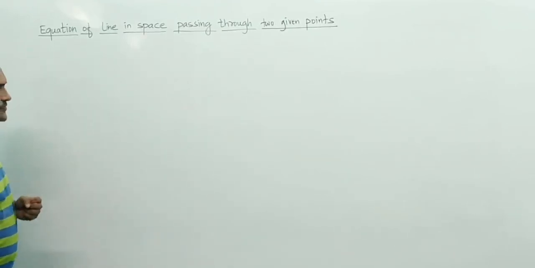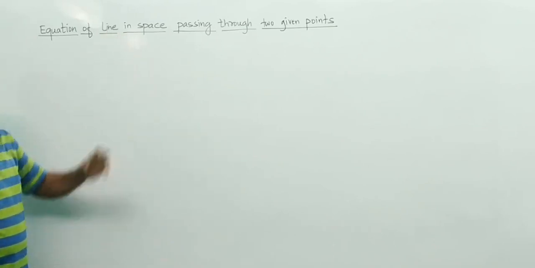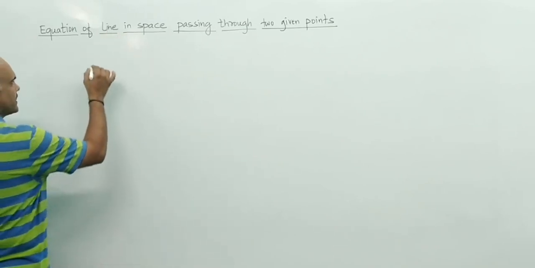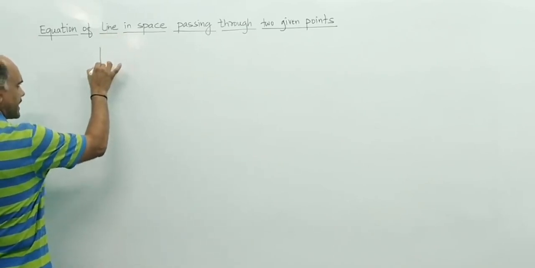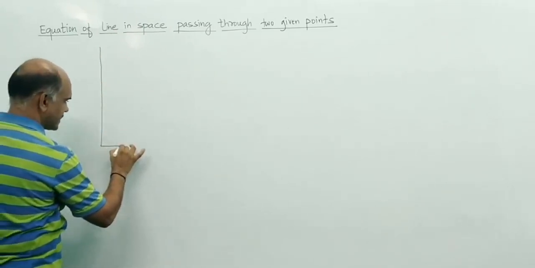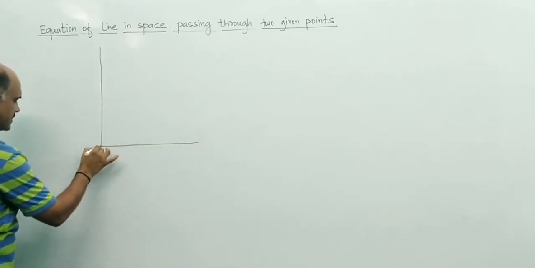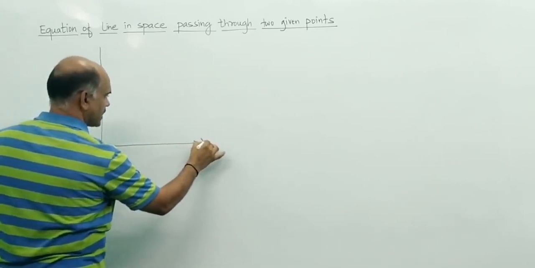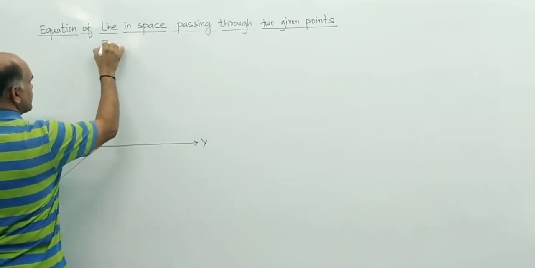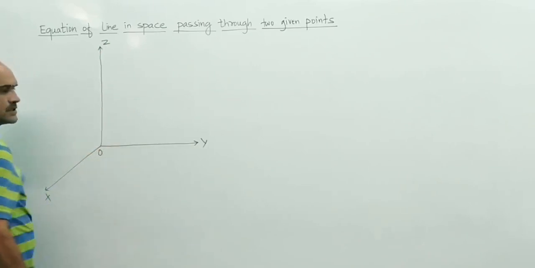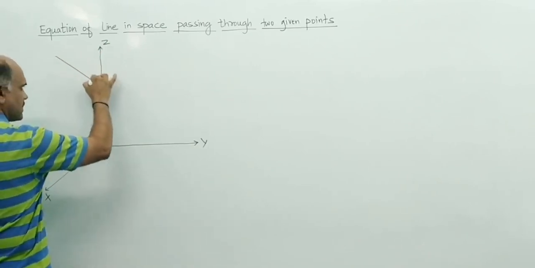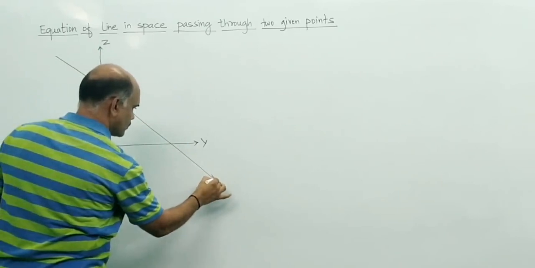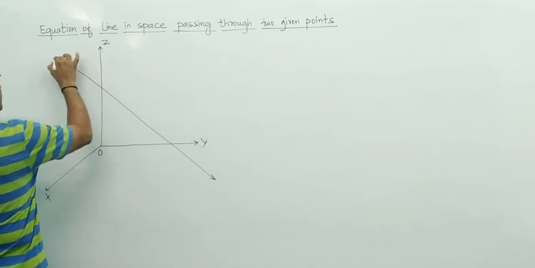Now second one, students. Equation of line in space passing through two given points. So again I will take axes x, y, z, and origin. There is a line passing through two given points.